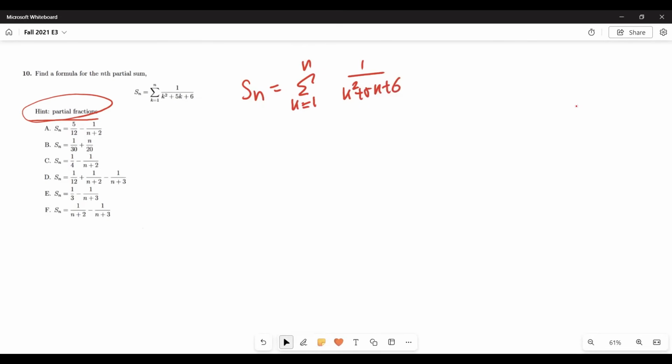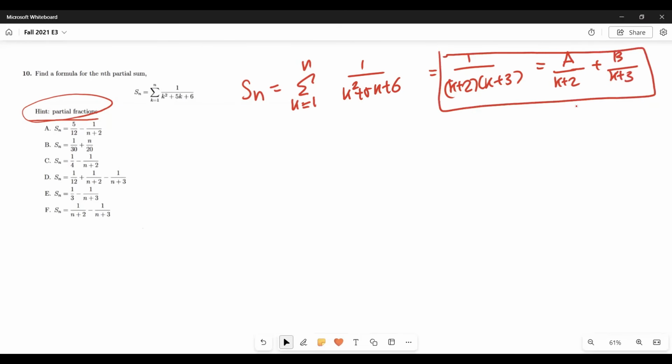If you decompose k squared plus 5k plus 6, this is the same as 1 over (k plus 2)(k plus 3), and we want to separate it into two terms. So this is going to be some constant a over k plus 2 plus some constant b over k plus 3. We want to find the values of a and b when these are equal to each other.